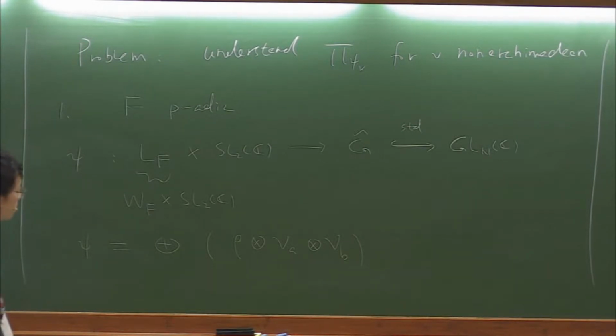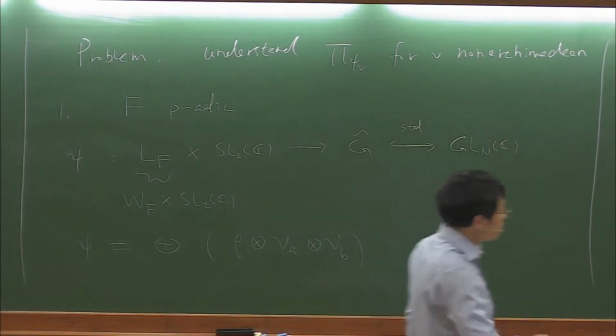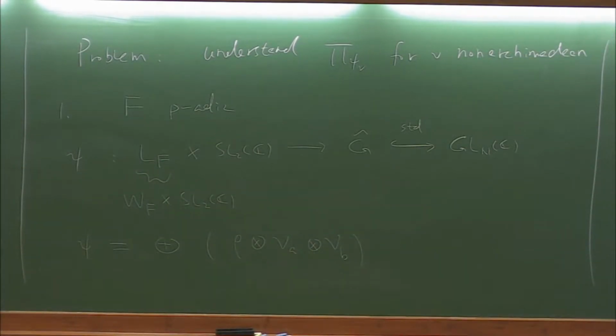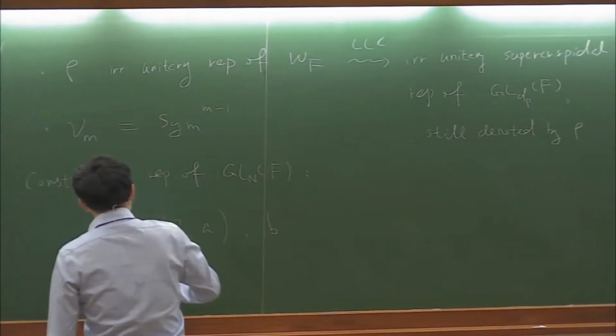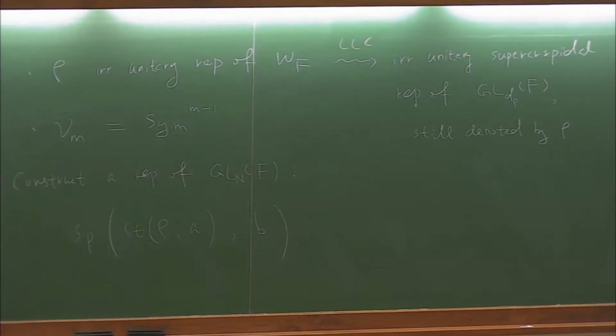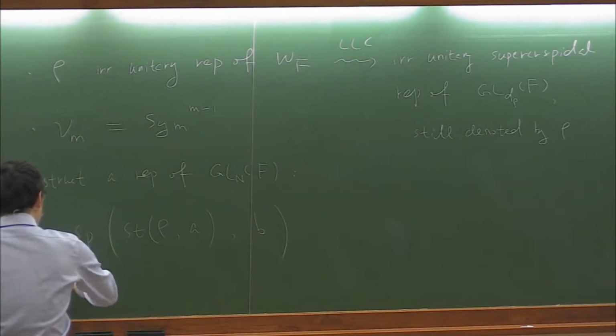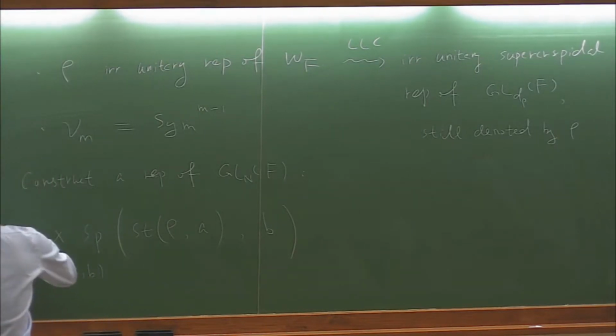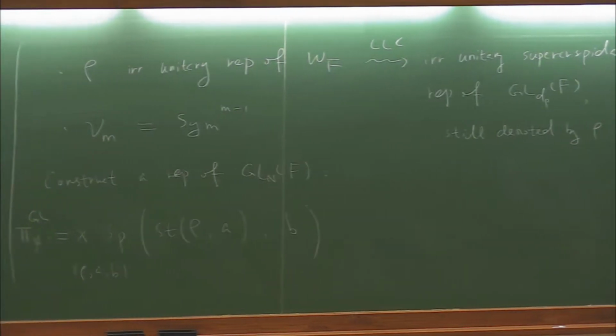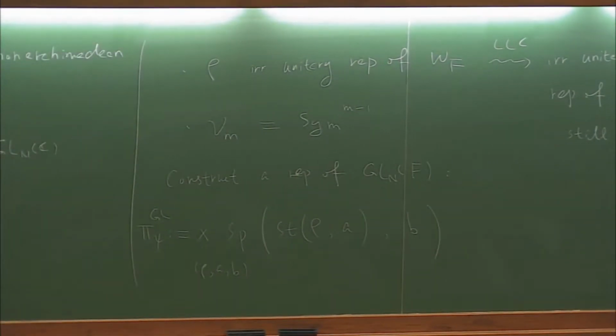So it's a semi-simple Weil group. Then we have this Steinberg representation, and together with this B, we can define the so-called Speh representation. That's some representation of general linear groups, and from all this, you can do an induction. So we get the representation of this GL_N(F).